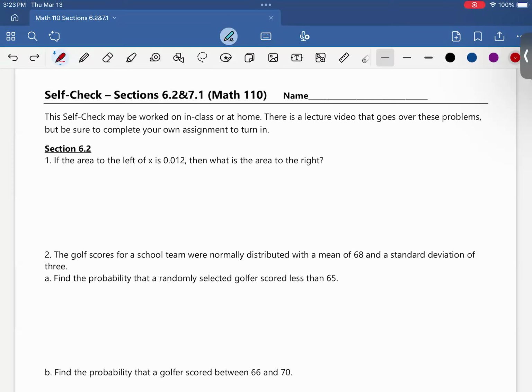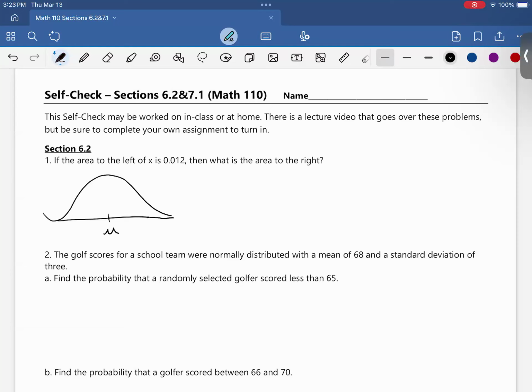Let's go ahead and take a look at number one. Number one says, if the area to the left of x is 0.012, then what is the area to the right? So what we're going to have here is a distribution. It looks something like this. We have a mean in the middle.